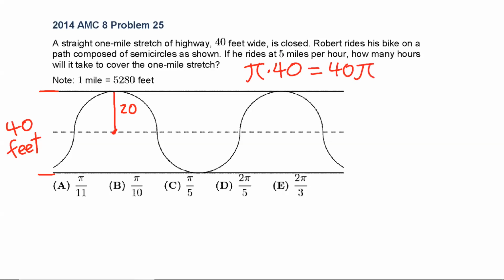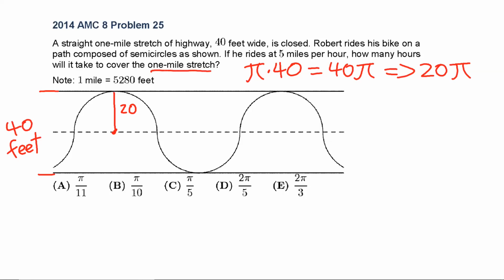But since we're saying half of circles here, not the whole circle, then the total would actually only be 20 pi. So then the question now is, how many semicircles are in this 1 mile stretch that the problem is talking about?